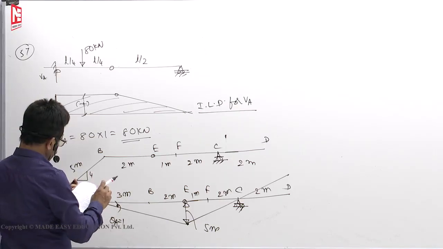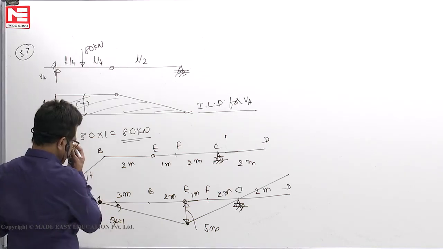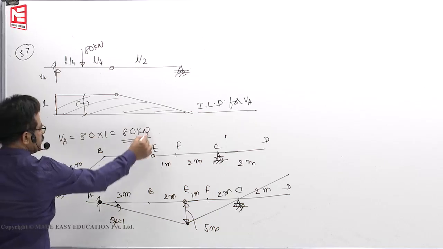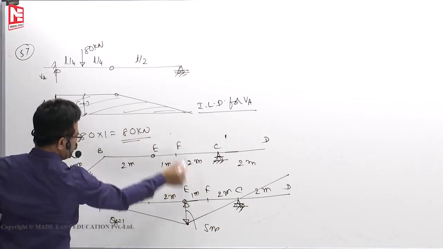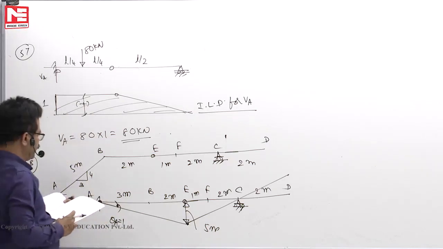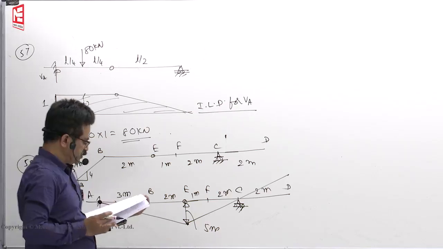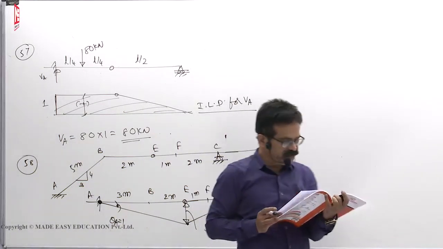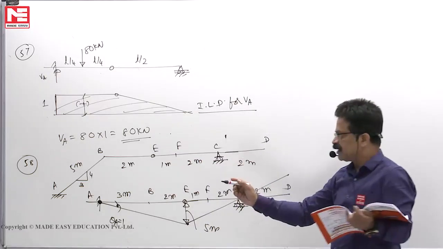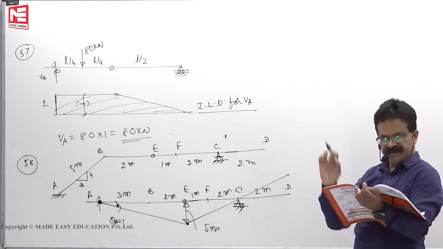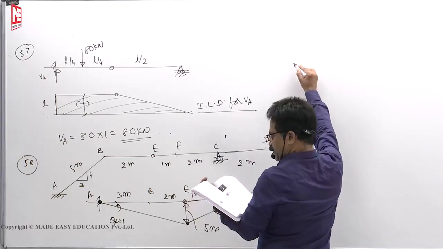Value of ordinate at point E in the influence line diagram for moment at A. Supposing that if the load is here, say, the moment at A means load into 5 meters. So 1 into 5 will give you the moment at A. So that's it. The unit load moves over the portion BD like this. So whenever you have inclined members, take the horizontal projection, finish off. So 59.